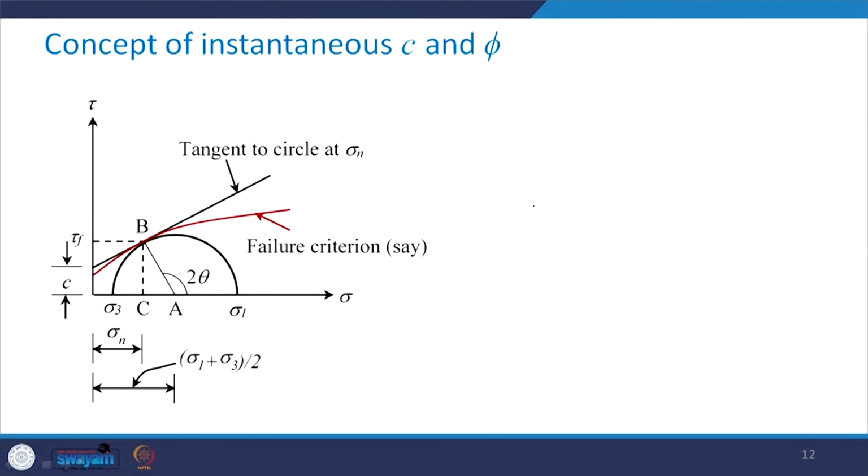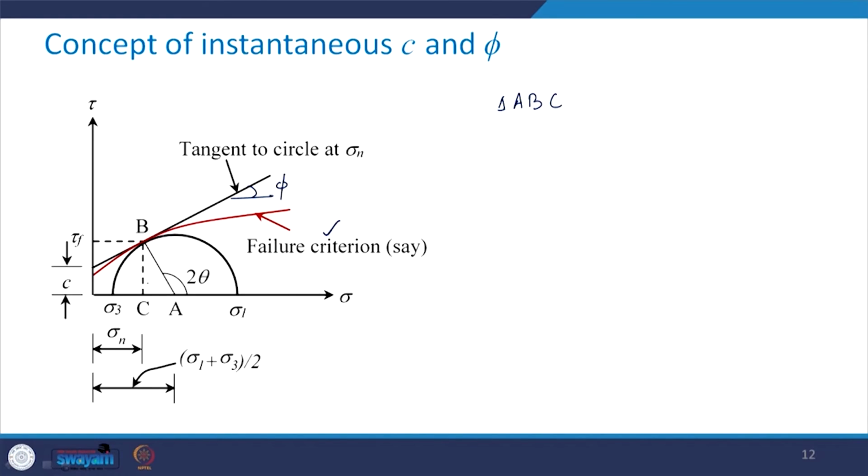Take a look at this figure again, because still we need to find out C and phi corresponding to this failure criterion which is non-linear. If you concentrate on the triangle ABC once again, this angle is phi, you see.